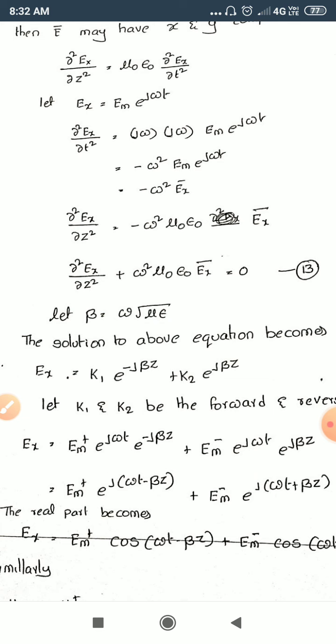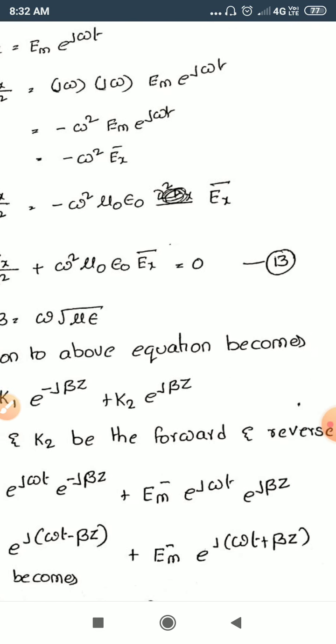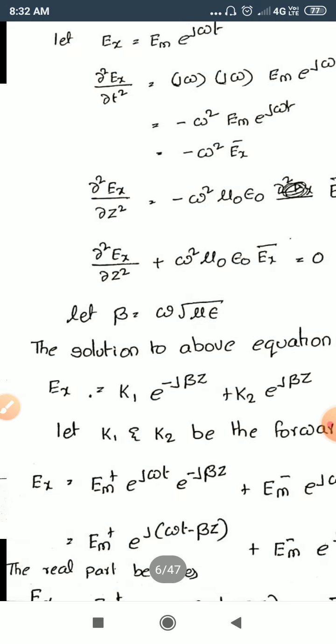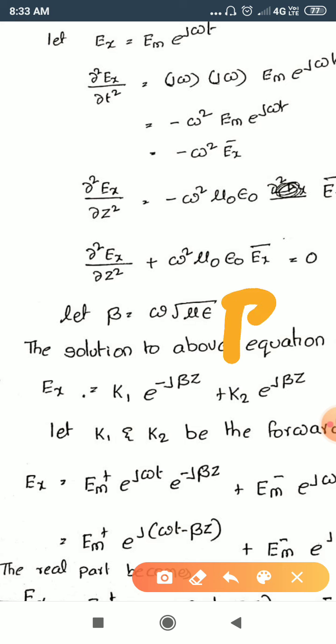The solution for the above equation 13 is Ex equal to k1 e power minus j beta z plus k2 e power plus j beta z. By substituting this, what will we get in this equation? Beta square Ex.